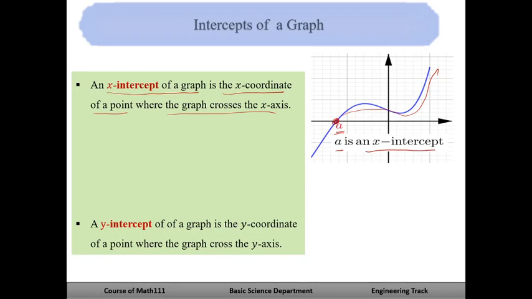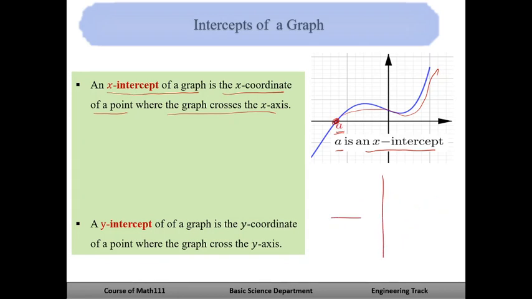Can there be more x-intercepts? Yes, for example here. We have this x-intercept, the second one, the third one, the fourth one, the fifth one. So there might be many x-intercepts, and also there might not be one.